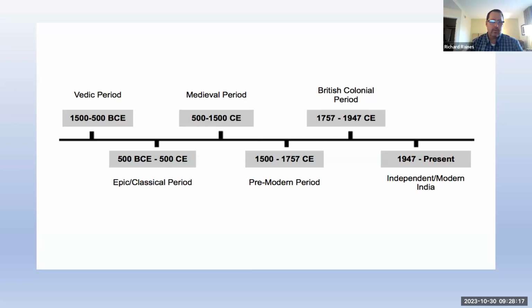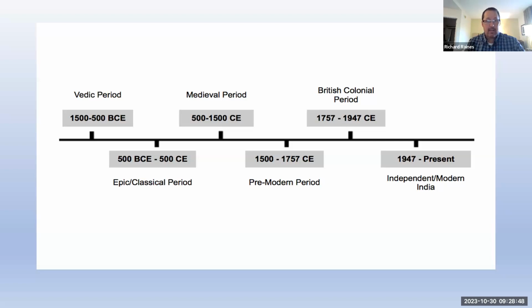I just want to say really quickly that you see 1500 to 500 BCE, 500 to 1500 CE, and I want to make sure you understand what BCE and CE mean. You may have grown up using the terms BC and AD to talk about the various major divisions in time. BC meaning before Christ, and AD being a Latin term, Anno Domini, which means in the year of our Lord.